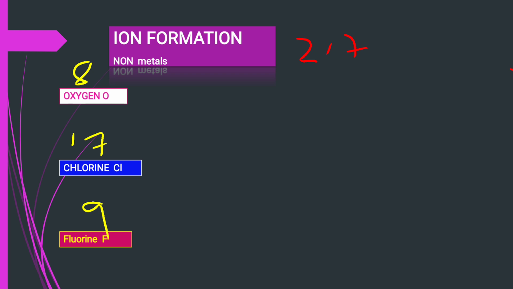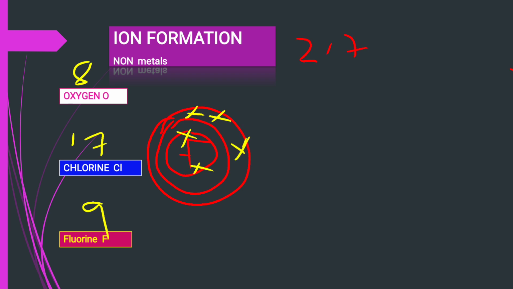So if we begin with fluorine, the first energy level and the second energy level: we will have the first 2 electrons in the first energy level, and then the other energy level will have 1, 2, 3, 4, 5, 6, and then we have 7 electrons, with the electron configuration of 2:7.